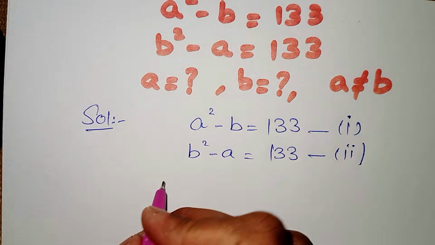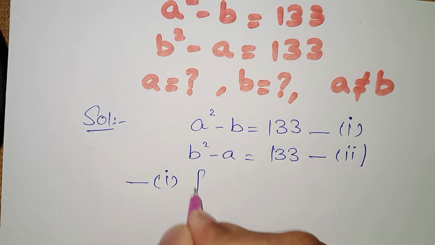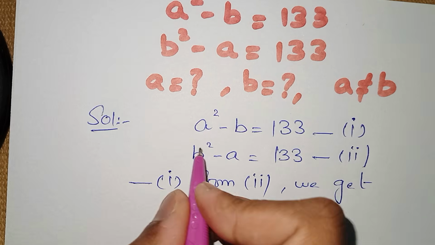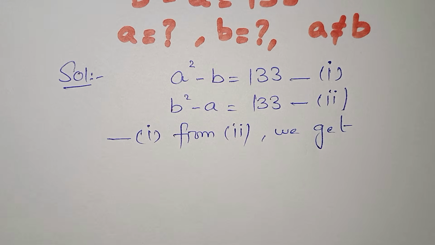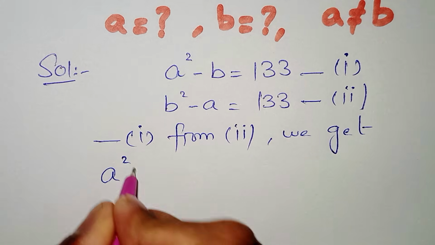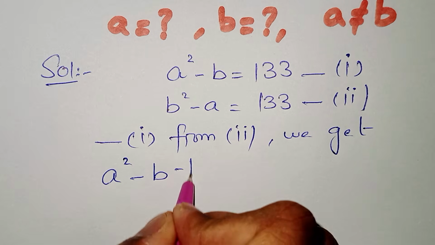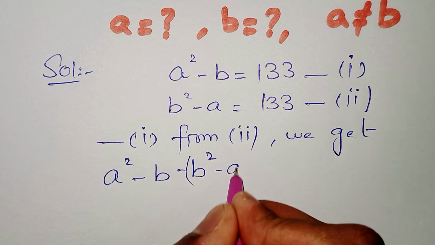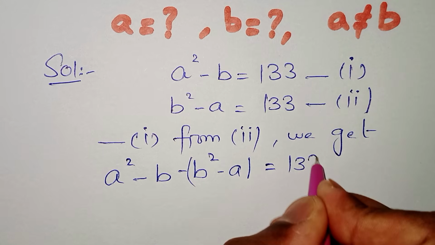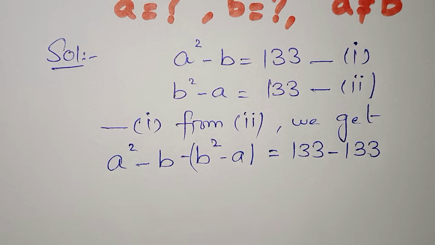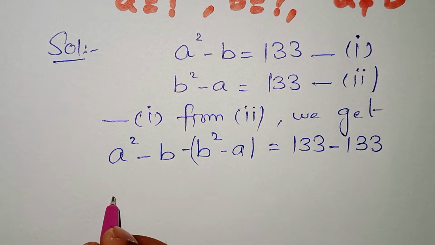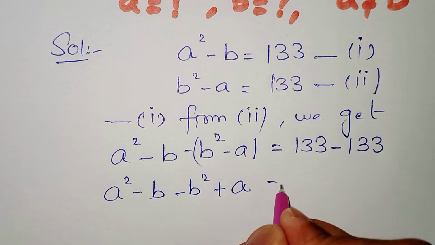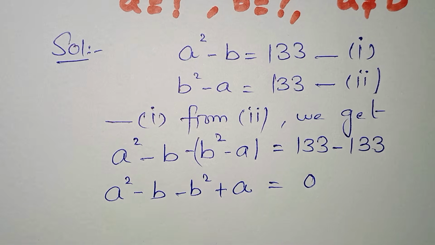Now we will subtract equation 1 from 2, so we get b² − a² − a + b... a² − b² + a = 133 − 133, it is equal to 0.